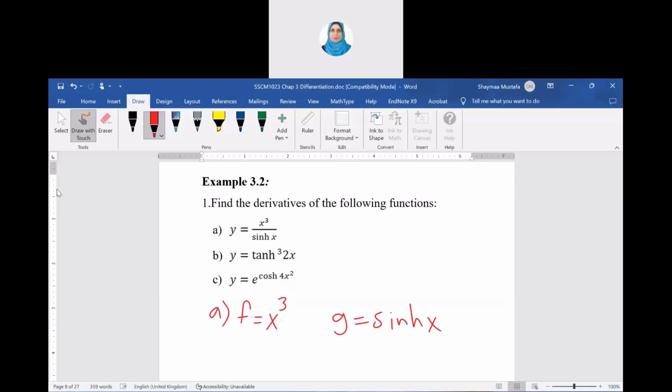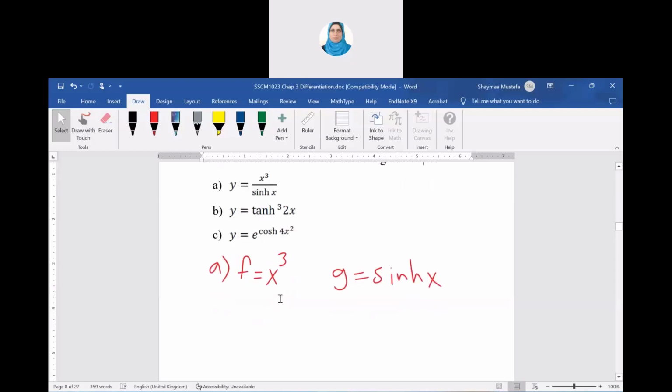Now I need to find the derivative for f and the derivative for g. This is the first step. The derivative for f is 3x squared. Here I have a power function, so the power will become a constant, and I will decrease the power by 1. So 3 minus 1 is 2, so 3x squared. Now the derivative for g, just now we proved that the derivative for sine equals cos.